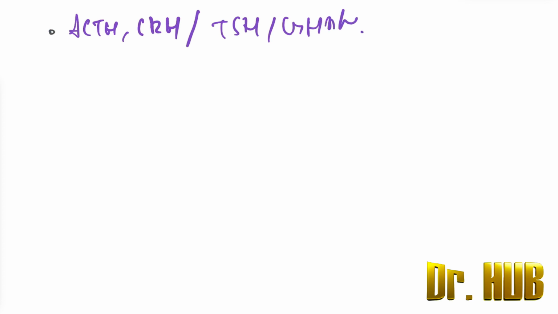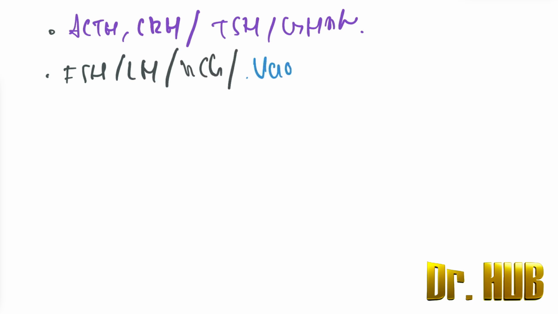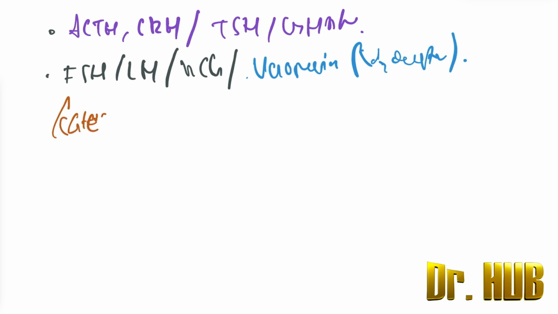Next it also includes FSH, LH, hCG. Then comes vasopressin, and this includes the V2 receptor. Then there are also the catecholamines, that is the beta receptor.